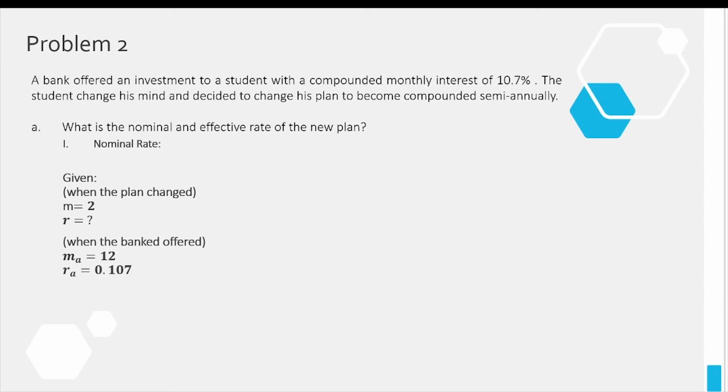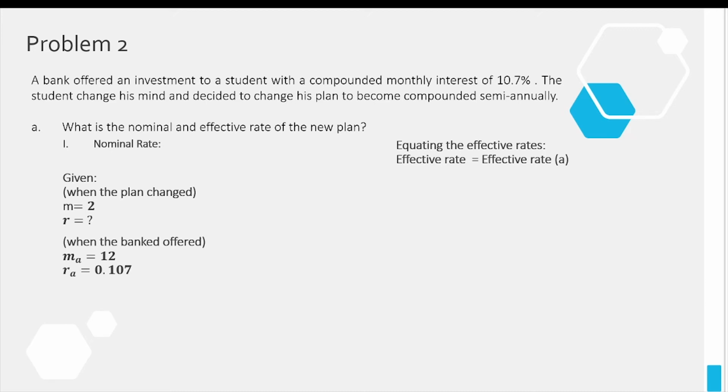To find the nominal rate from this problem, we have to equate the corresponding effective rates, the effective rate and effective rate a. We indicate the effective rate a with the subscripts m sub a and r sub a to show the distinction between the two equations. Therefore, the right hand side shows the subscript and the left hand side shows none.